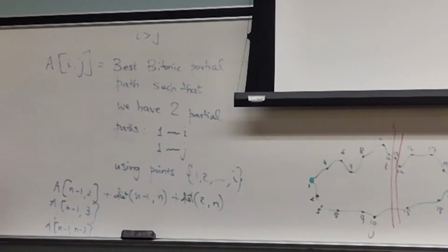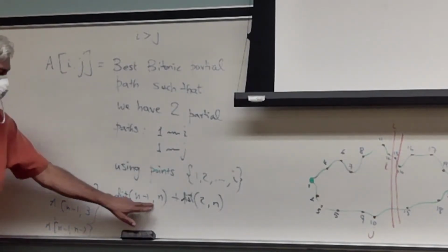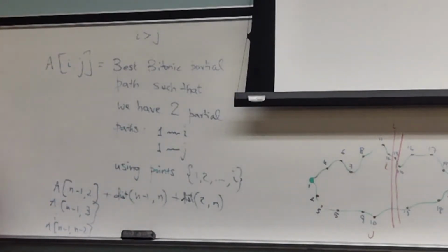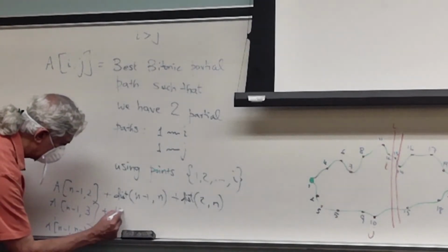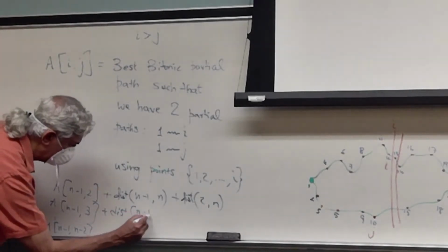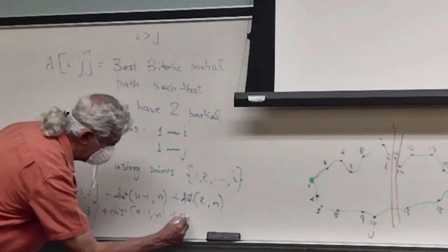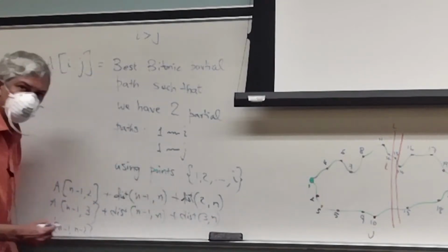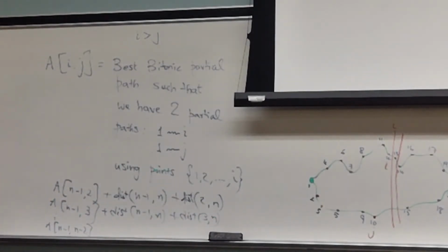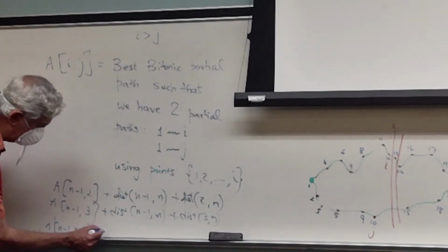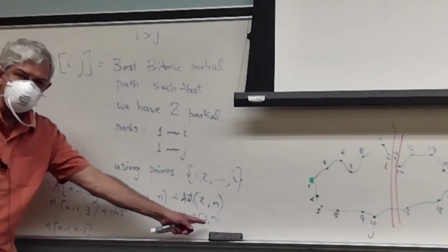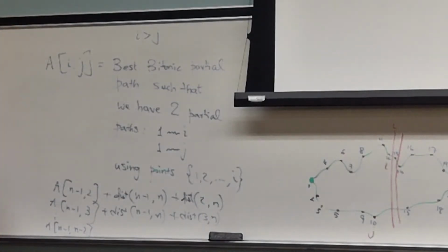So what I'm doing here is, if I decide to go with this option, I have to connect them to the nth guy, and that's how I'll finish the tour. Or if it's this option, it's going to be distance of n minus 1 with n again, plus the distance of 3 to n. If it's the last one, it's going to be distance of n minus 1 to n plus distance n minus 2 to n. We don't know which of these options is going to be best. We'll look at all of these and pick one.